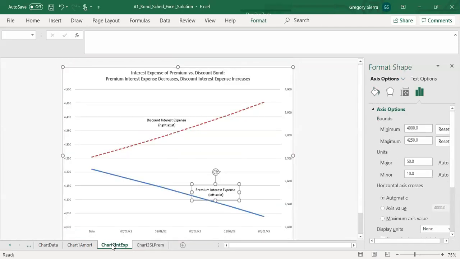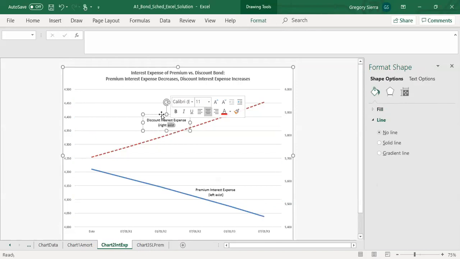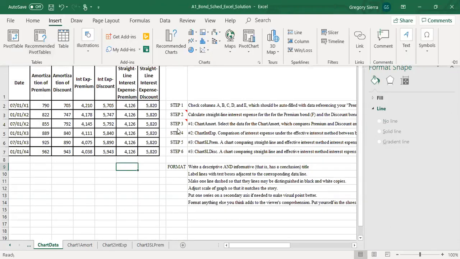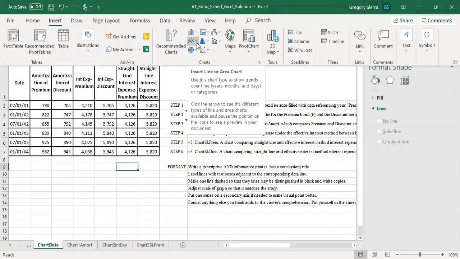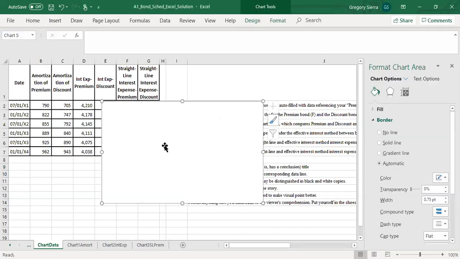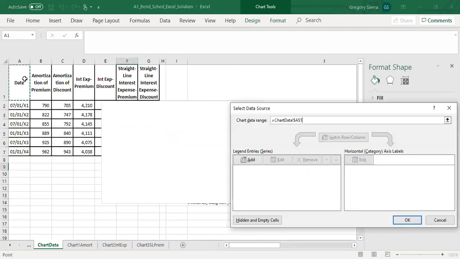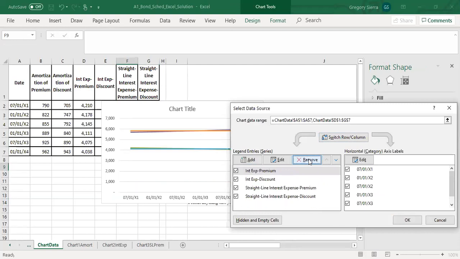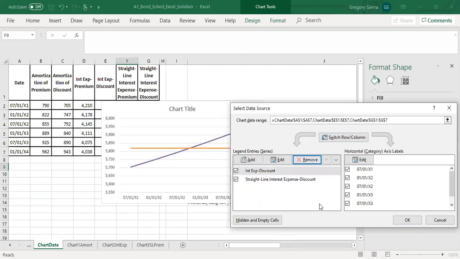Remember, put the text boxes in. Let's see, chart data. So this last one, I'm going to start from scratch, and let's see, I prefer, we're doing all line charts here. Select data. Once again, I'm just going to select the whole kit and caboodle. I'm going to swap these two and remove, remove, remove, and remove.